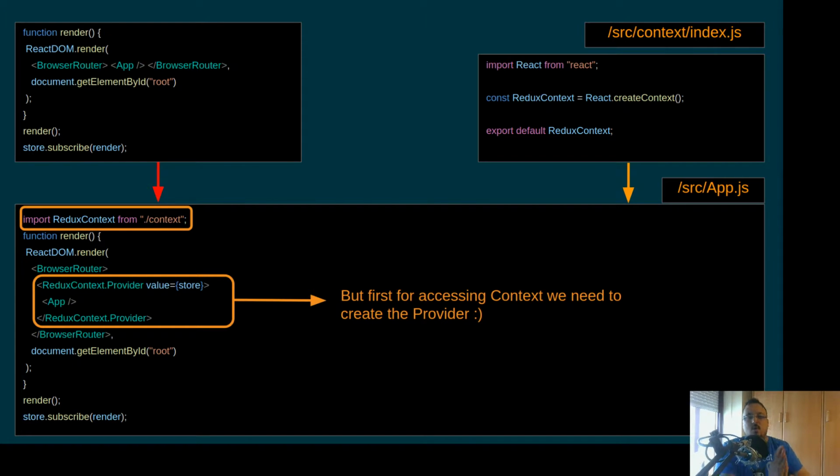So that's why we come to the app and we wrap the app with the Redux provider. So all the app will be available for this Redux context provider, and we will be able to access a store value because we want to have it global.